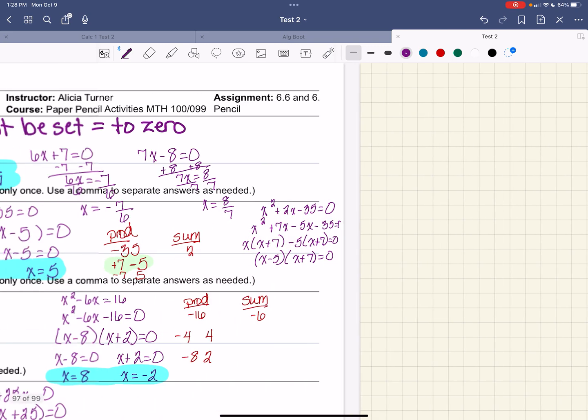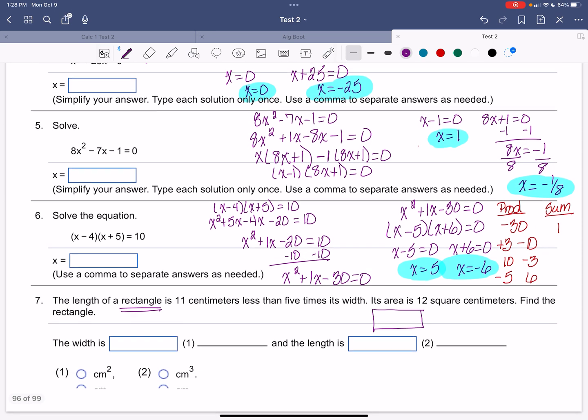Now, right here it says the length of a rectangle is 11 centimeters less than 5 times its width. How do I write 5 times its width? Good, 5W. And then 11 centimeters less than. How do I write that? Minus 11.